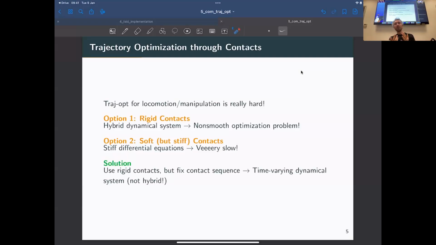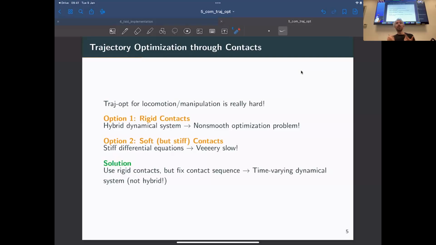If you have a quadruped, you have many more options, of course, because you have four feet, but you can predefine the gait of the quadruped. You can decide, I'm going to do a trot. And once you decide you're going to trot, then you know exactly the sequence in which you're making and breaking contacts. If you already know this information, then your system is no longer a hybrid dynamical system.